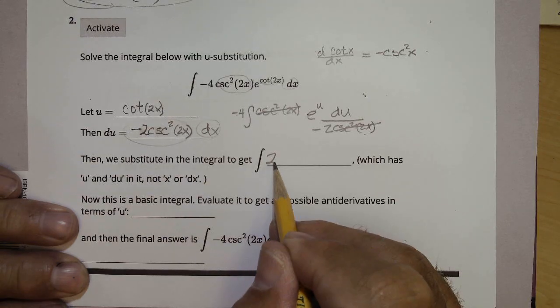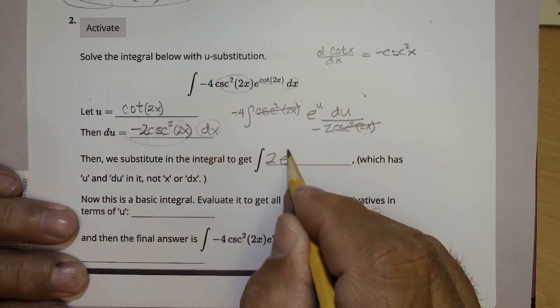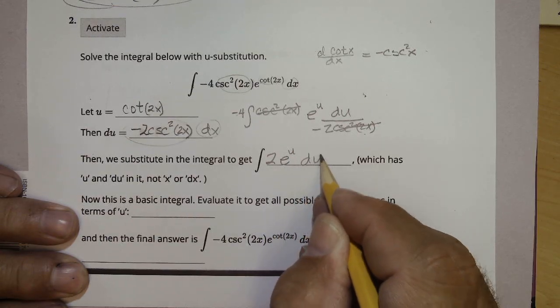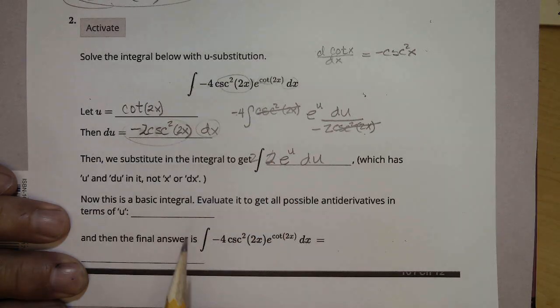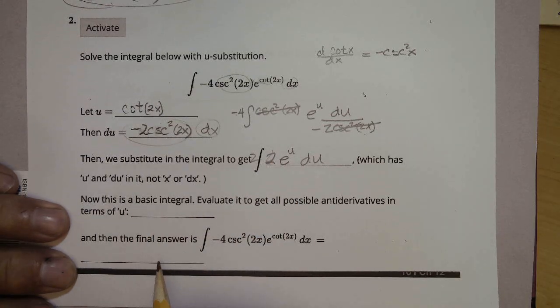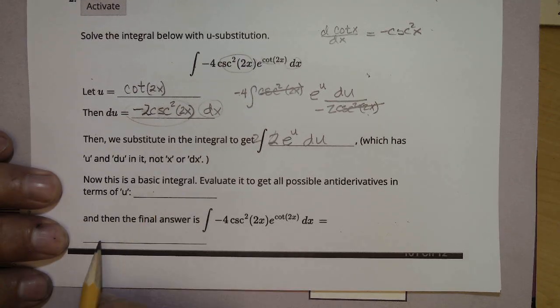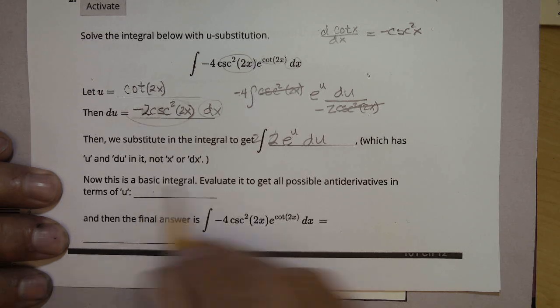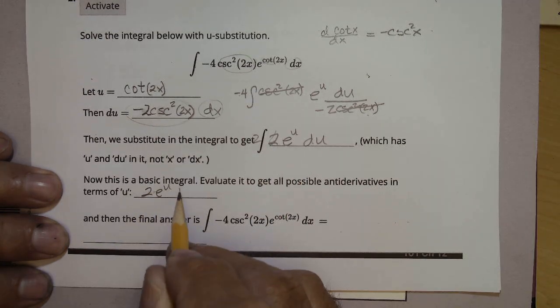I could put it back in. That's what they're kind of asking me to do. E to the u du. So the 2 would pull out. The antiderivative of e to the u is e to the u. So my answer to this will be 2e to the u.